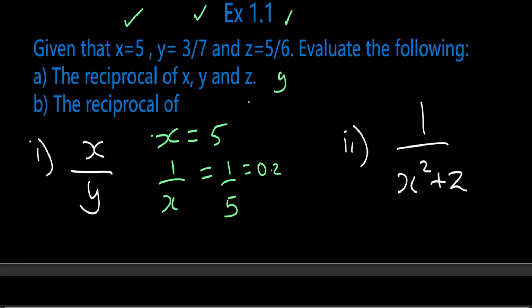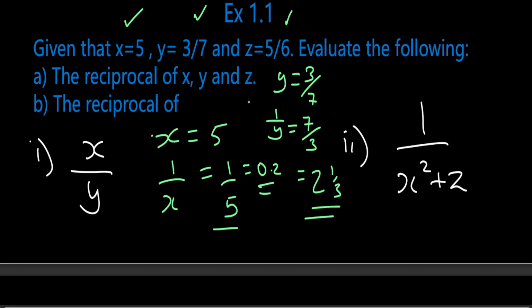Right, since y is given there and y is 3 over 7, then basically the reciprocal of y is going to be 7 over 3, which is 2 and 1 over 3, if I'm not wrong. So those are 2 answers.